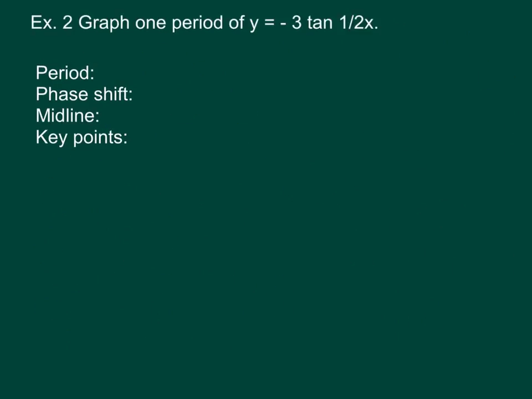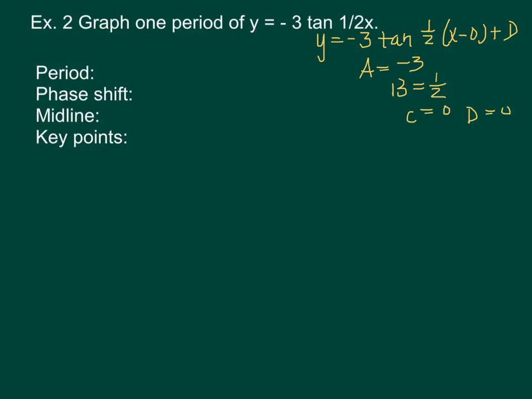Let's look at what happens when you have a tangent graph with the negative A. So if you want, you can rewrite this. So A is negative 3, B is 1/2, C is 0, D is 0.